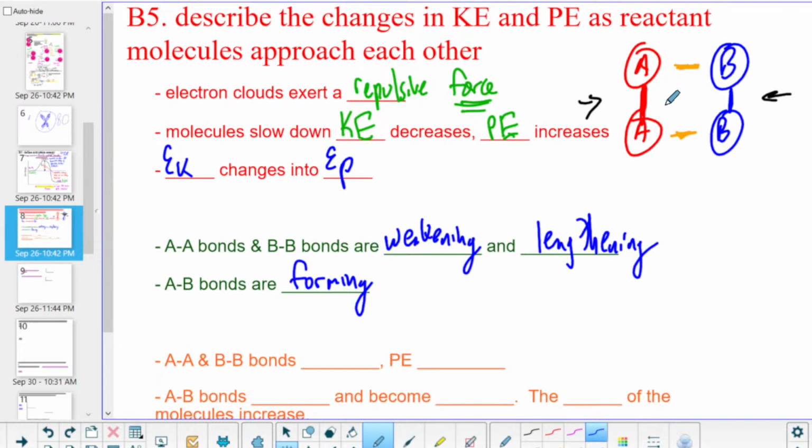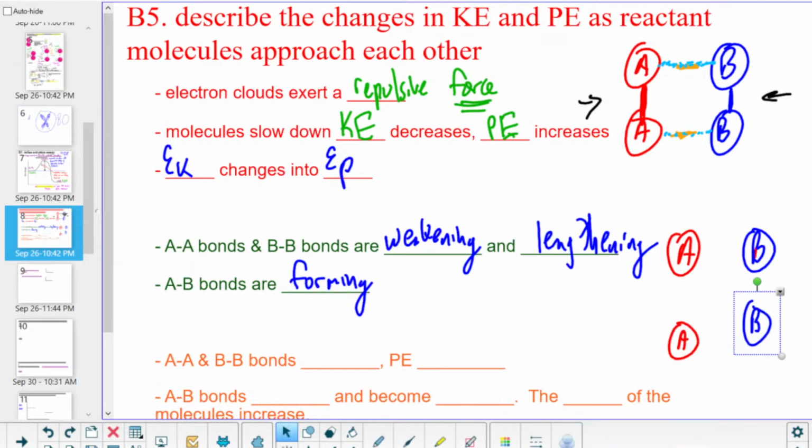But this other couple, looking fairly attractive as they press into each other. Now at this point, our A molecules are still bonded, but it's gotten a bit longer. Separate those out a little bit. And they've made some new friends.